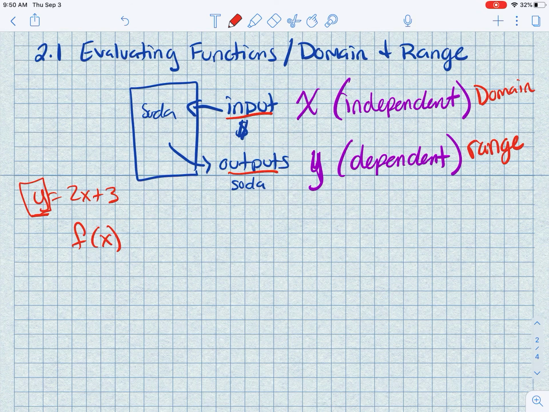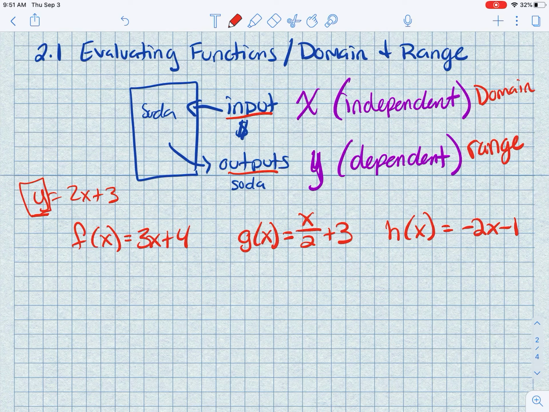It can be named anything because each function is going to represent a different machine that we're inputting into. Okay, so I want you guys to get used to function notation. So f of x we're going to have as 3x plus 4. G of x we're going to have as x over 2 plus 3. And h of x we're going to have as negative 2x minus 1.